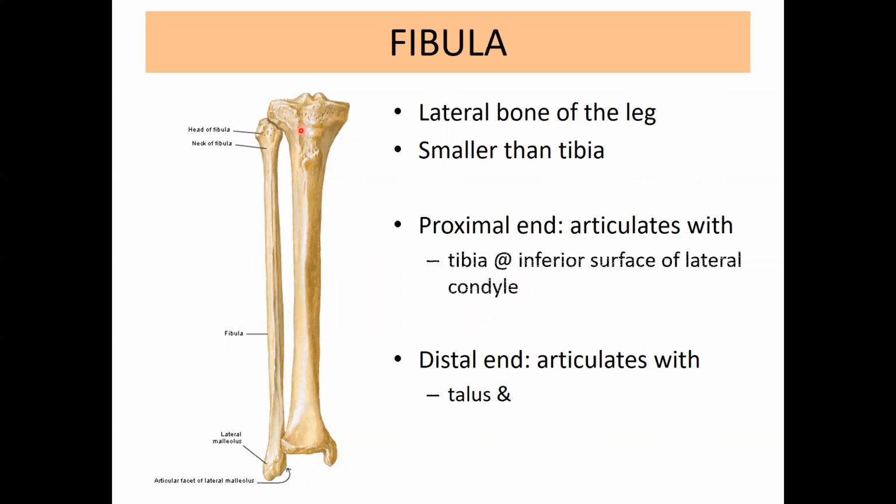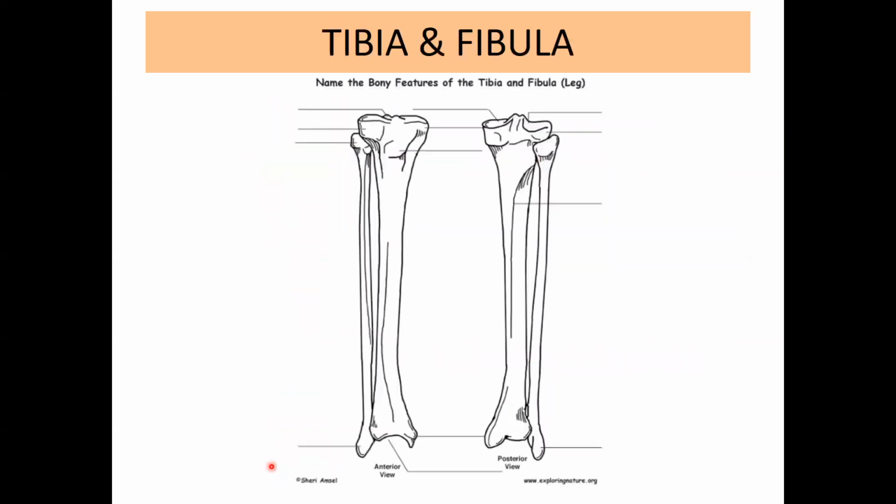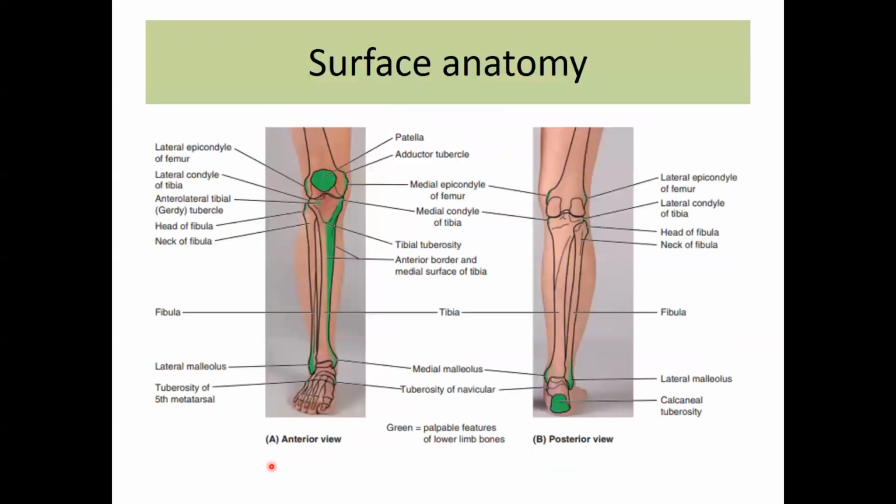The tibia, at the inferior surface of the lateral condyle. The distal end articulates with the talus here and also the tibia at the fibular notch. So this is the fibula. You can do this as your exercise. This is for labeling, really good for you.